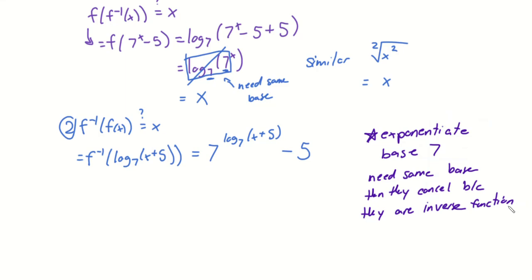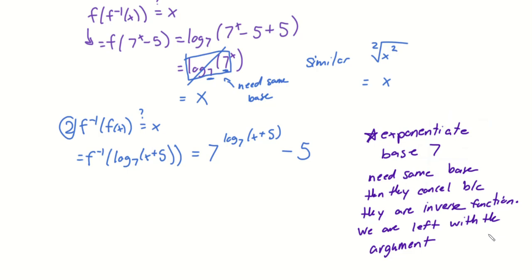And Michael, what am I left with? So we are left with the argument. Okay. So when we have a log and then we make it a power, and we have the same base, these are inverses of each other, exponentials and logs.